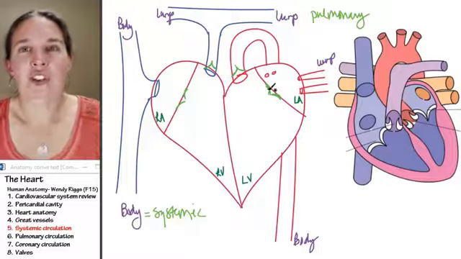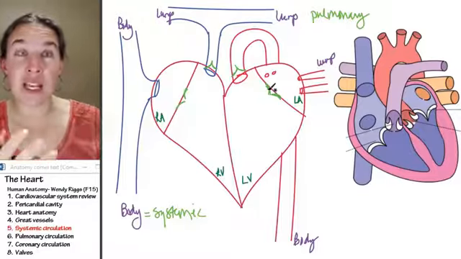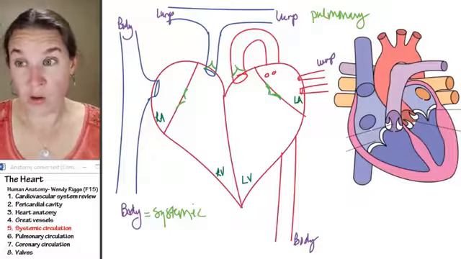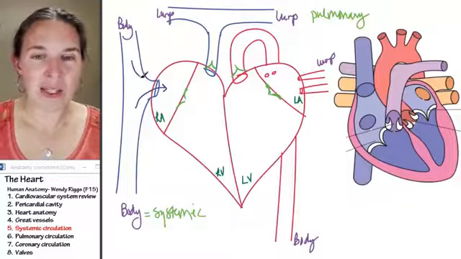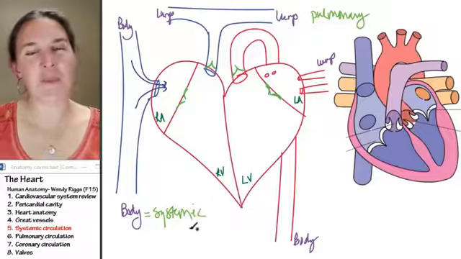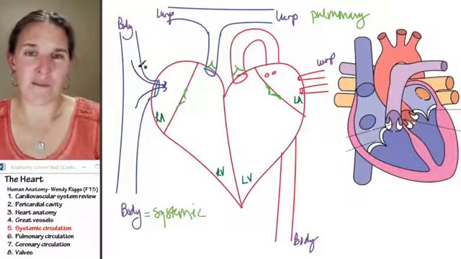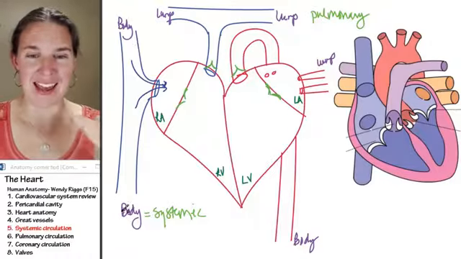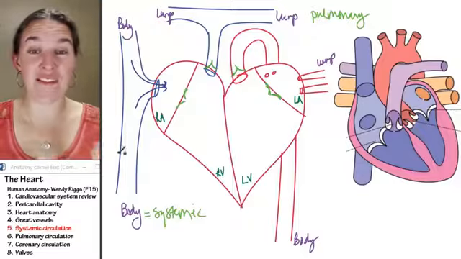Okay, so let's start with the right atrium, because what do we know about the blood that enters the right atrium? First of all, we know that it's dirty blood. And look at what's happening. In the first picture that we drew, we actually drew just one arrow, coming from the body. But we have an upper body and a lower body, and that means this vessel has two parts.